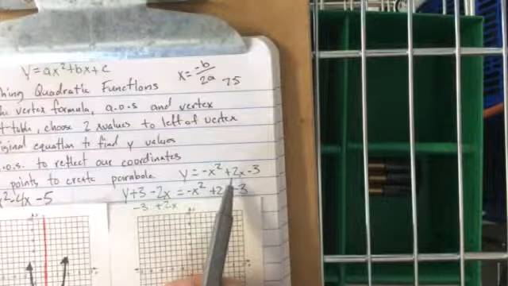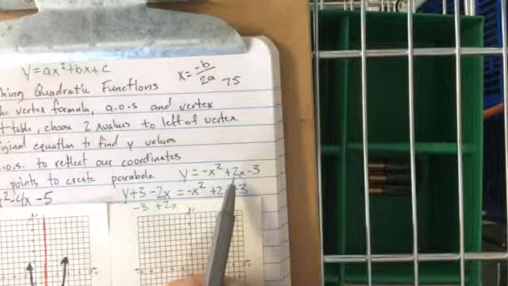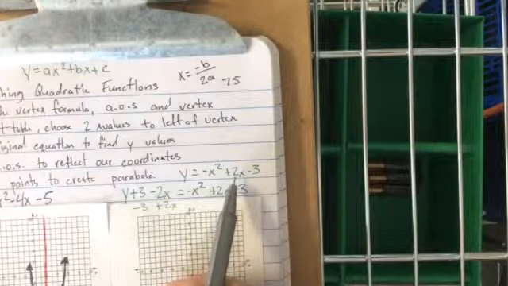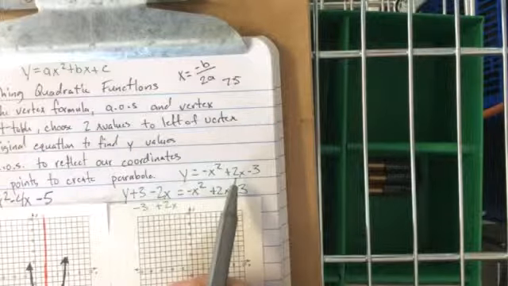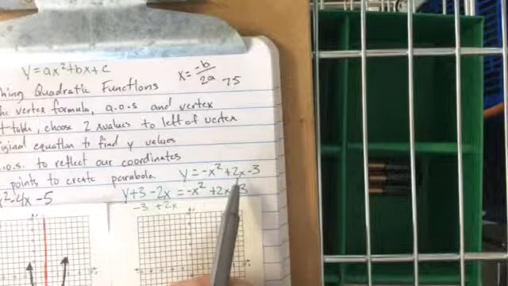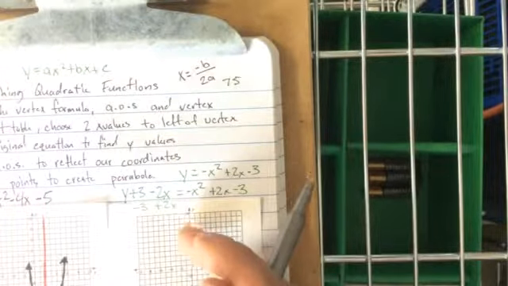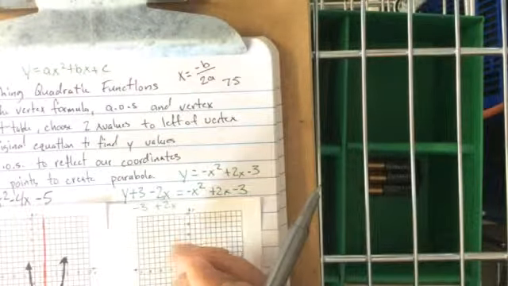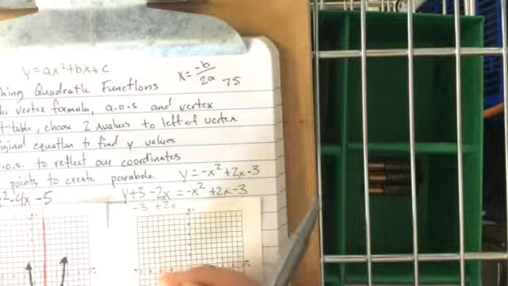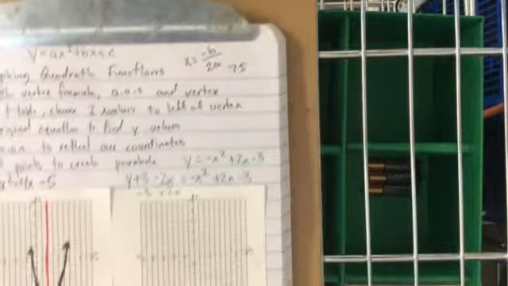The original problem is negative 2x, but when you move it to the other side of the equal sign, it changes to positive. Does that answer your question? And the formula is the opposite of b over 2a. The b value is 2, the opposite is negative 2, so x equals 1.